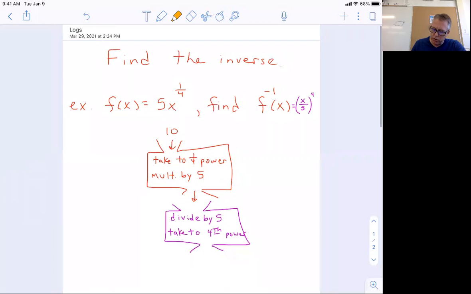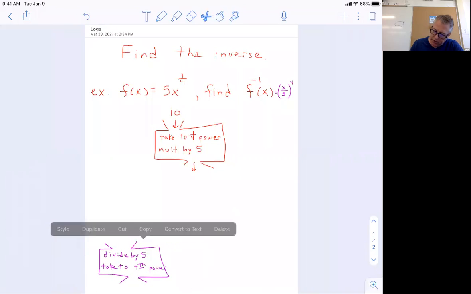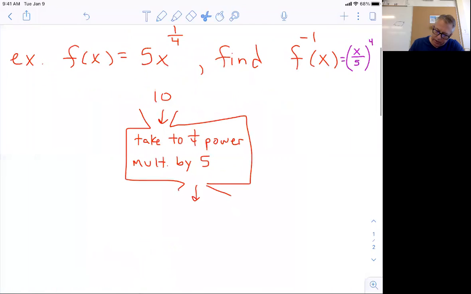Or some students also like to look at it a little bit differently. I'm trying to give you a multitude of ways to look at it. I'll just set that aside. They'll say, all right, instead of taking a number, dropping it in here, doing this, and then doing this, and then spitting a number out, we're going to go the other way. So if we take a number, we have to undo this and then undo this to get back to where we started.